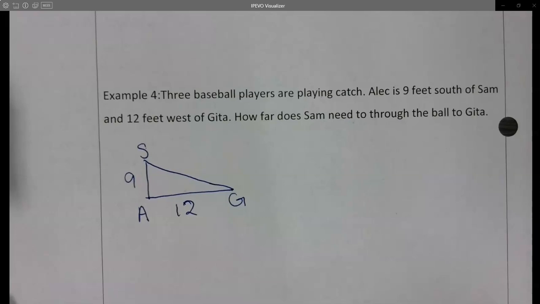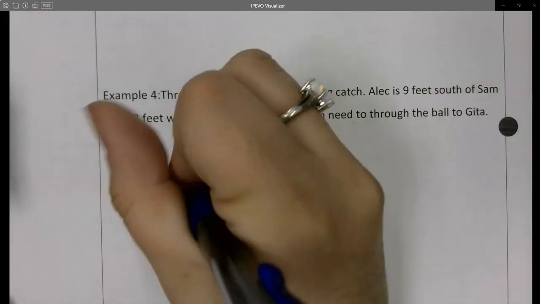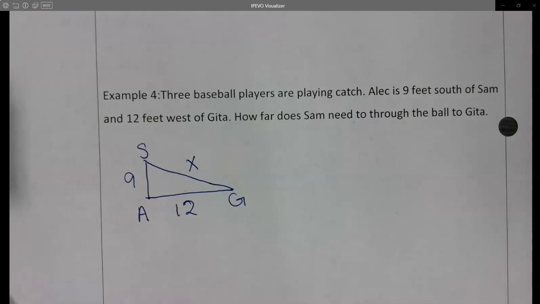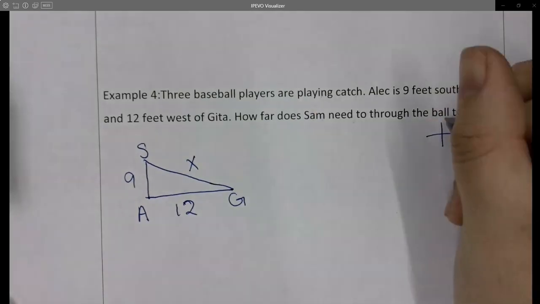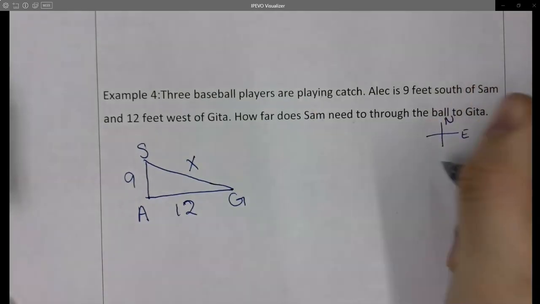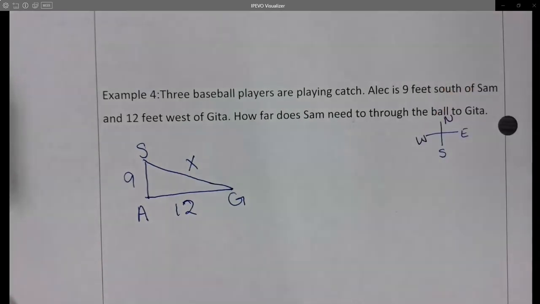How far does Sam need to throw the ball to Gita? So this is what I'm looking for here. And in case I forgot, here is the directions.